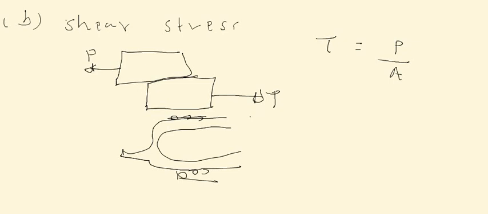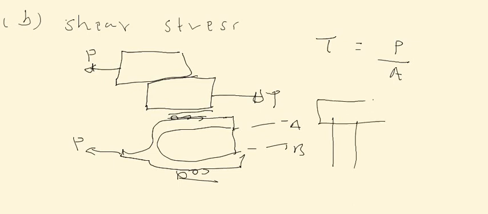So in this case, if the force P is applied, of course these two sections must divide the force, maybe A and B, P over 2 each. So one section will take half of the force.